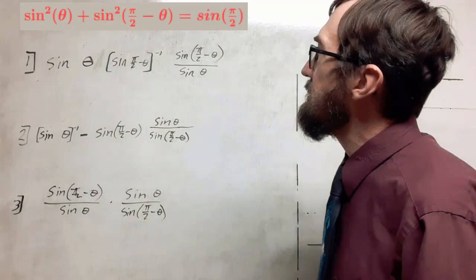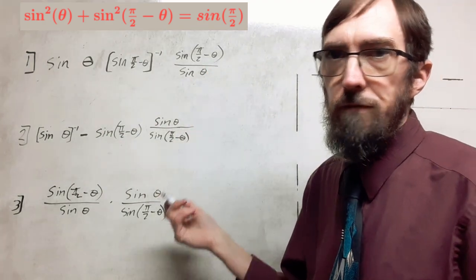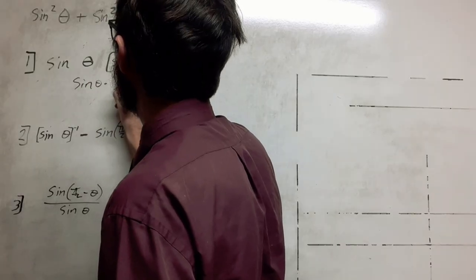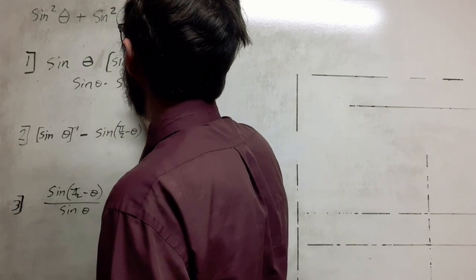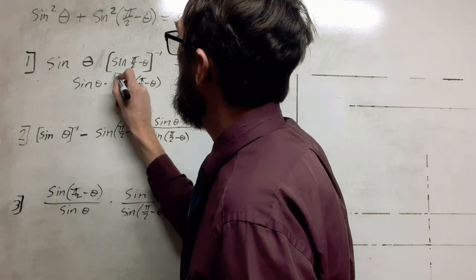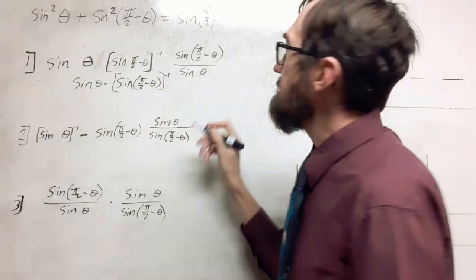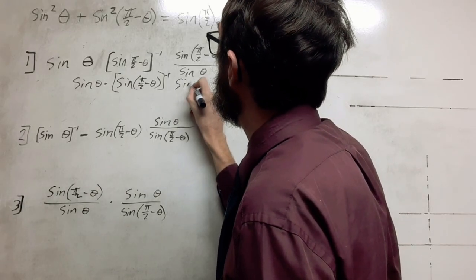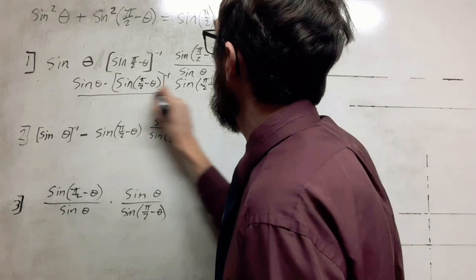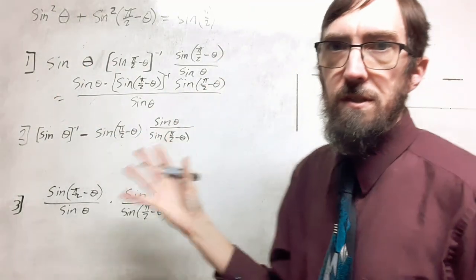Looking at our first exercise, we are going to turn this product into one fraction. Sine theta times sine of pi halves minus theta, but this is secant, and then sine of pi halves minus theta all over sine. So that's this product rewritten as a single fraction.